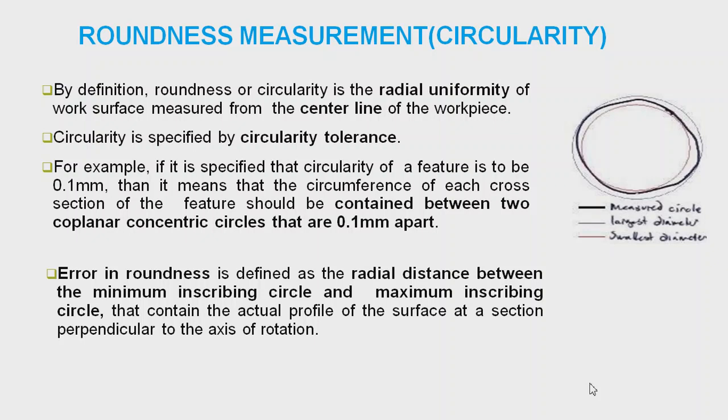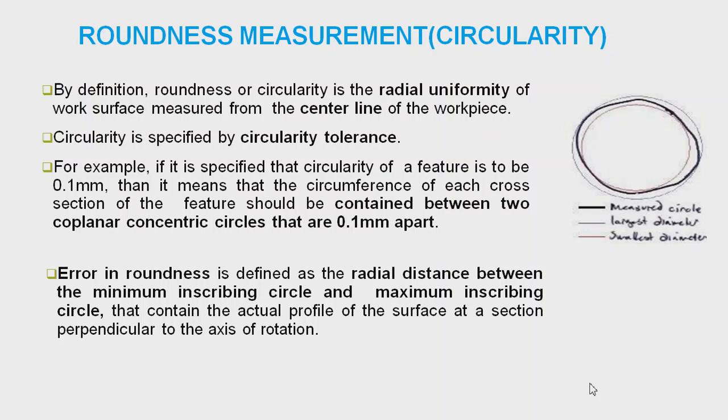Roundness measurement is specified by circularity tolerance. For example, if it is specified that the circularity of a feature is to be 0.1 millimeter, then it means that the circumference of each cross section of the feature should be contained between two coplanar concentric circles that are 0.1 millimeter apart, as shown in the figure.